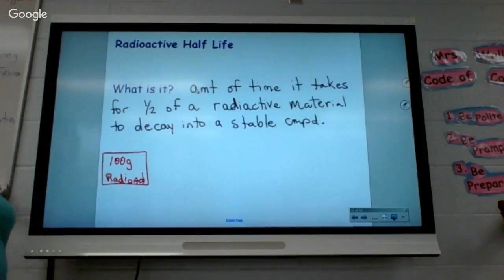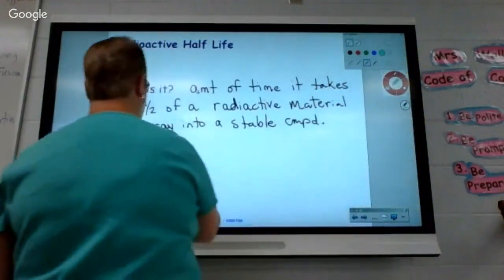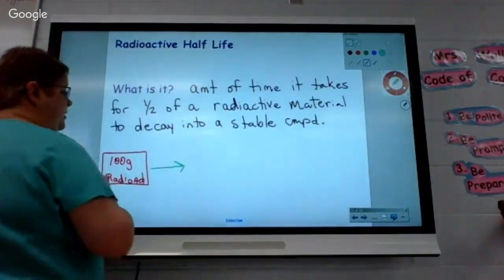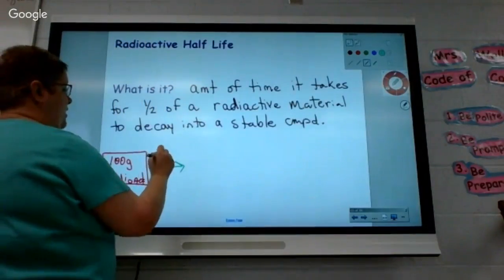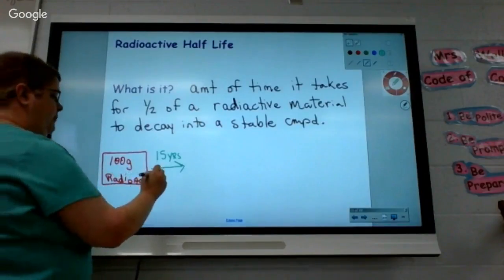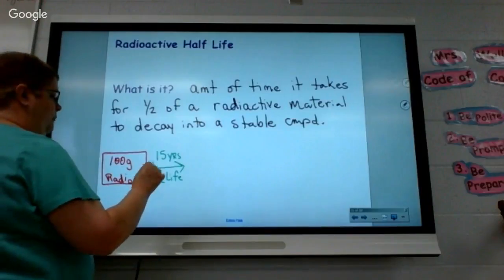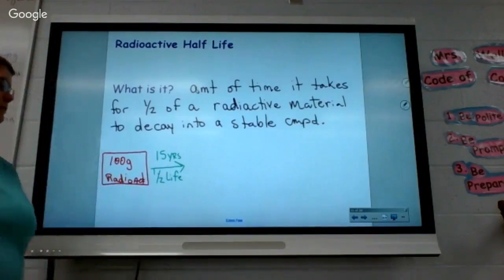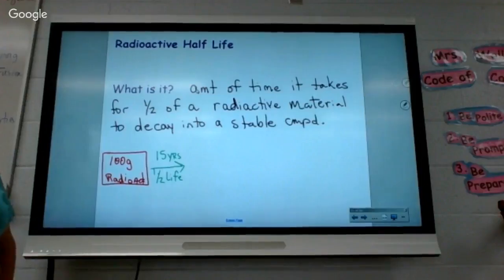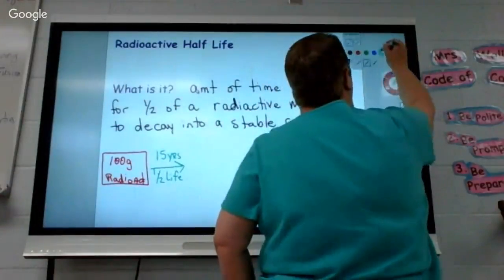Okay, so we got 100 grams of some radioactive stuff. We're going to say that its half-life is, let's just say that it's 15 years. Okay? That's its half-life. Now, after this 15 years goes by, what's left?